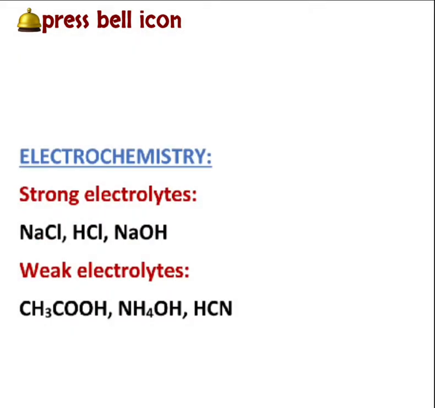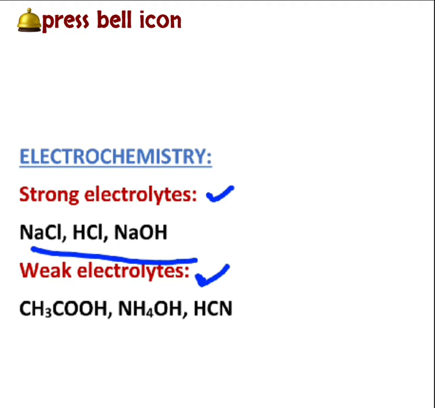All electrolytes ionize to different extents within the solution. On the basis of that, electrolytes are classified into two main categories: strong electrolytes and weak electrolytes. So what are strong electrolytes? Substances like NaCl, HCl, NaOH, HNO3 and so on.